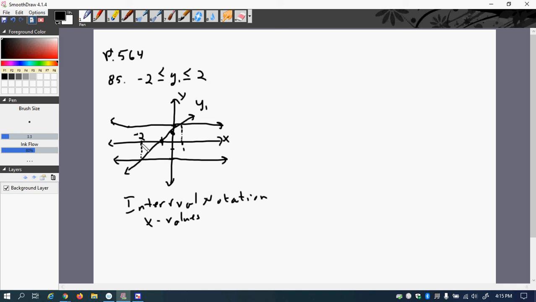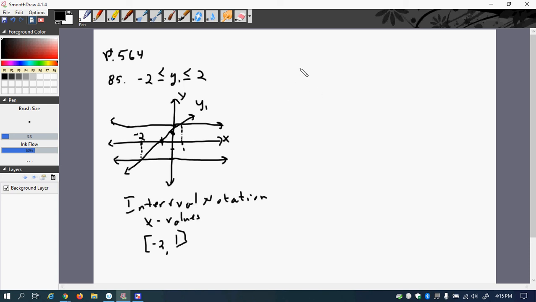It stops at -2, so we would include that. Going in the other direction, it is here at 1. So here is the interval notation they're asking for in this particular setup. It's only the x values that we're looking at, because we're looking at this y value.